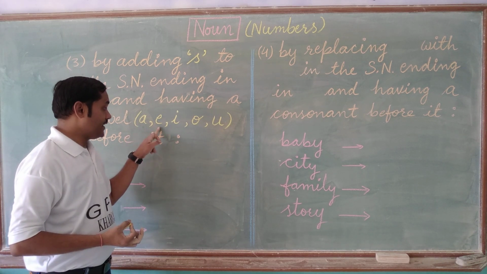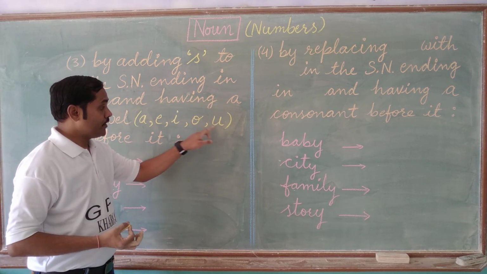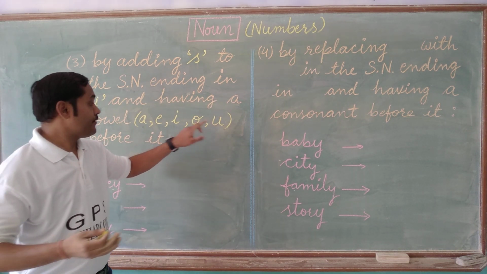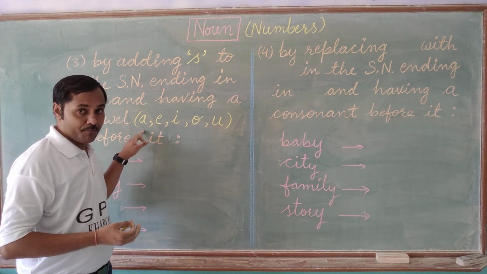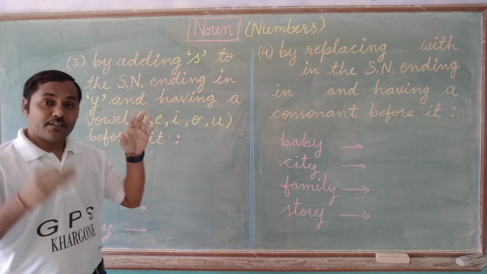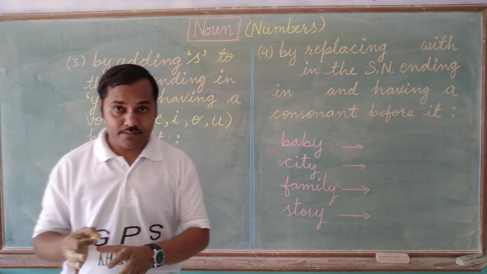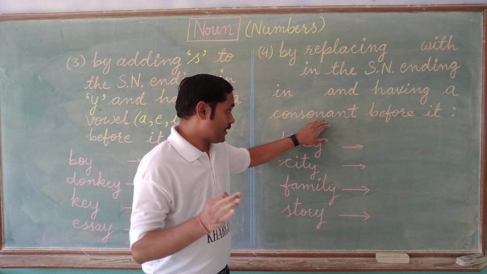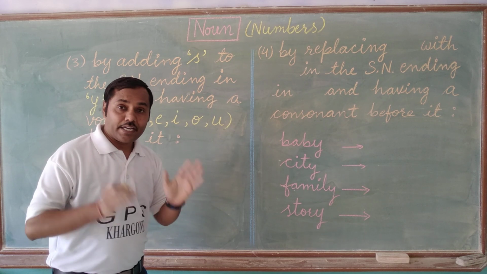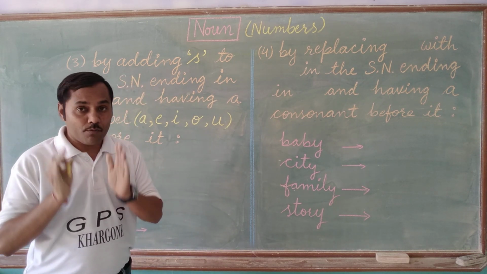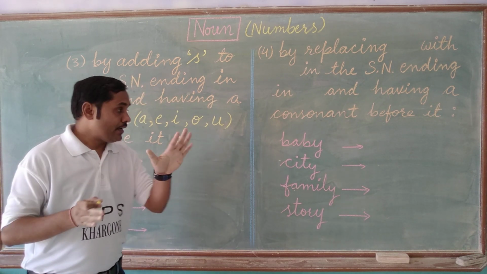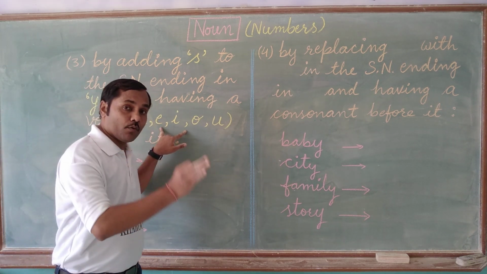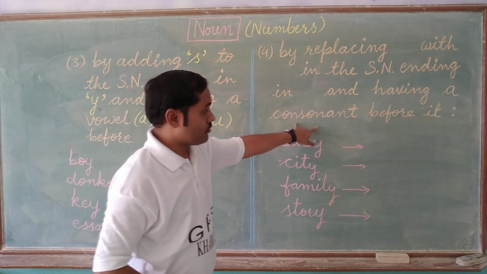A, E, I, O, U. Out of 26 letters, only 5 are called vowels. And the remaining 21 letters are called consonants. So the English alphabet is divided into two parts. 5 special letters are called vowels, and the remaining 21 letters are called consonants.